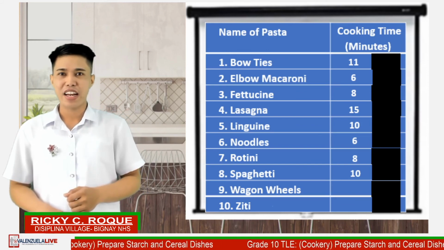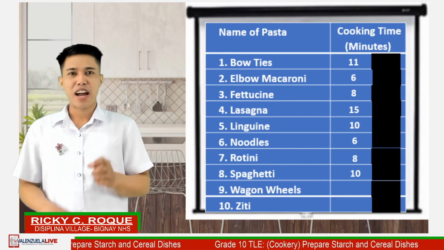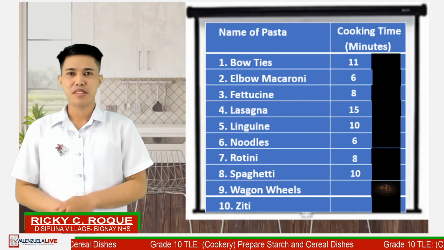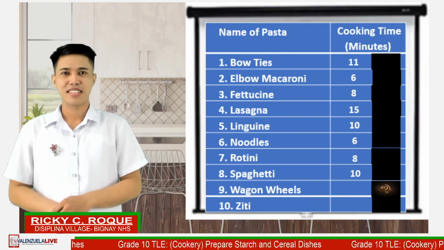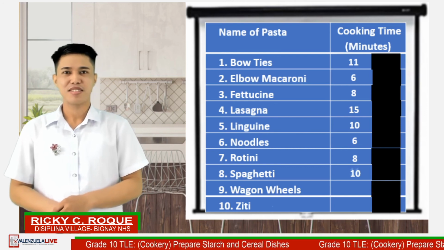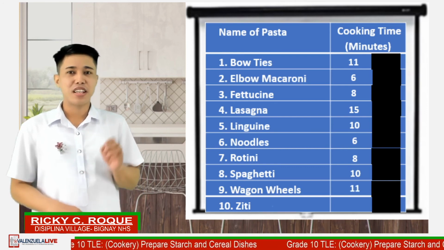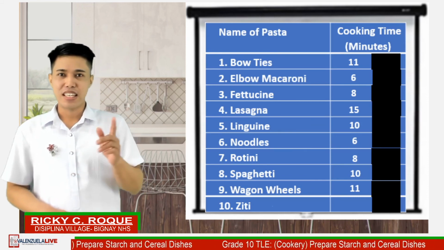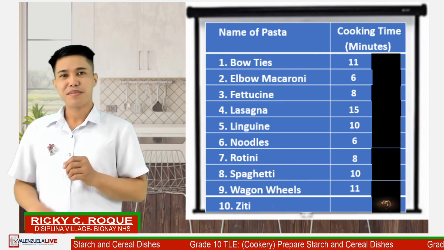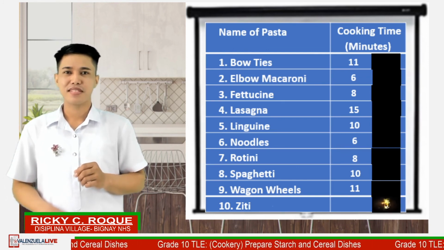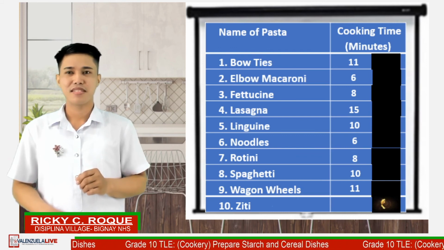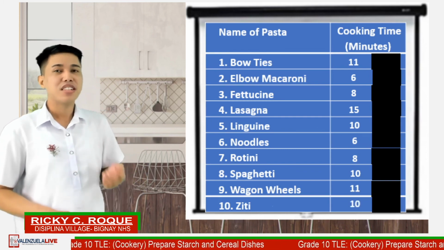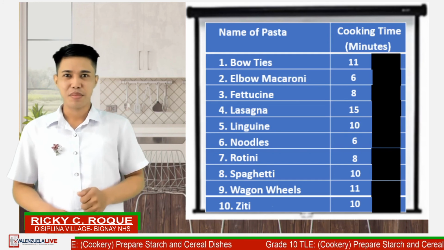Moving on to number 9, wagon wheels. 5 seconds. Wagon wheels has 11 minutes of cooking time. Number 10, ziti. Wow, it has 10 minutes cooking time.